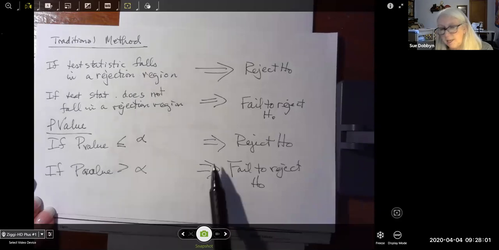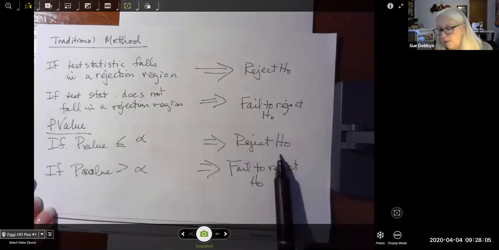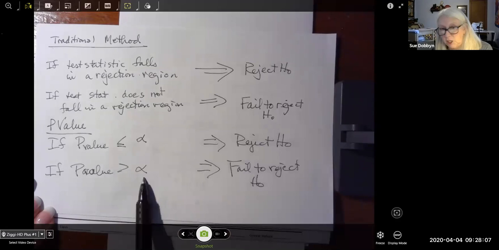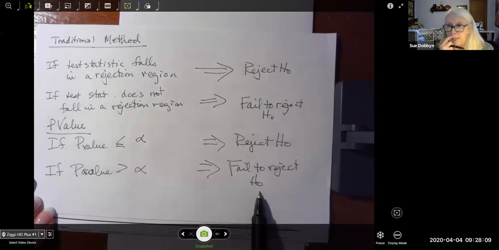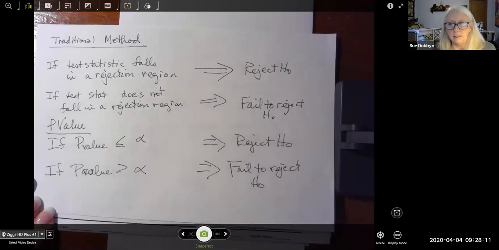If the p-value is greater than the significance level, then you fail to reject the null hypothesis. In reality, these two things mean exactly the same thing, but because we're using this statistical instrument, StatCrunch, we're mostly going to be using this p-value idea.